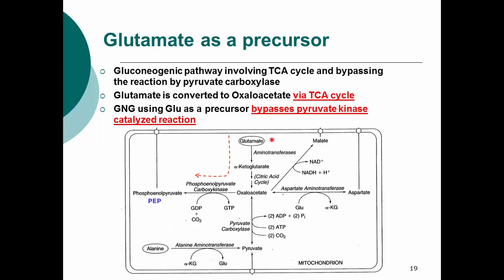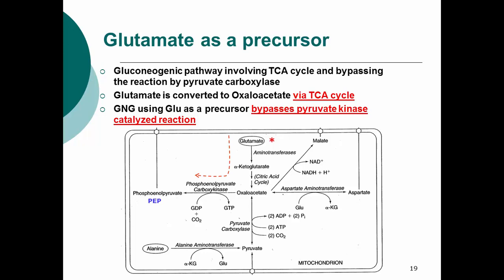And also we mentioned that the TCA cycle is also involved in gluconeogenesis when we use glutamate as the precursor. Remember this? Glutamate is converted to alpha-ketoglutarate that enters the TCA cycle and goes through several reactions in the TCA cycle, and alpha-ketoglutarate is eventually converted to oxaloacetate.